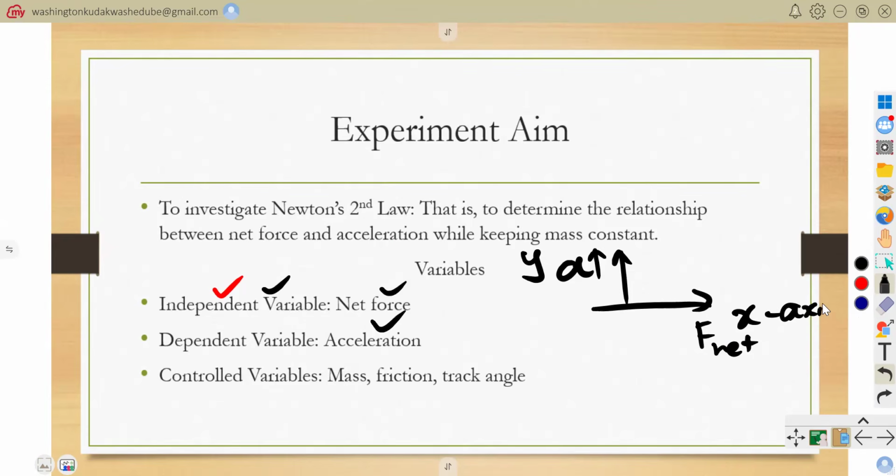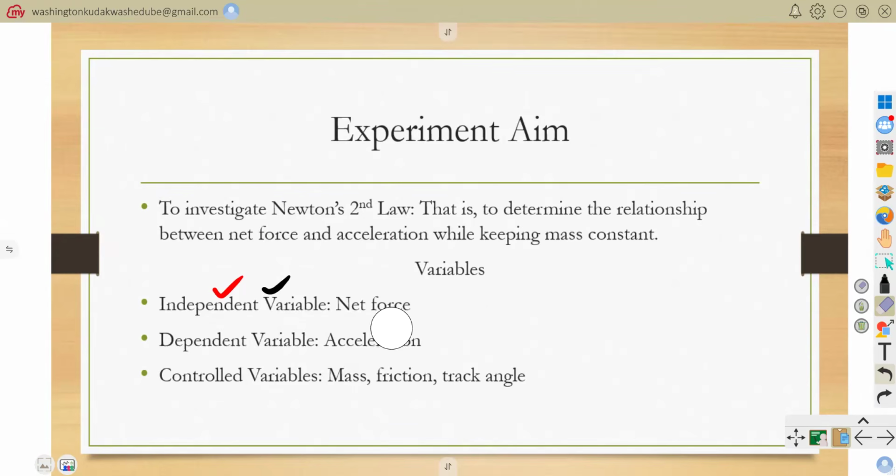So when we are drawing our graphs, our acceleration would be on the y-axis, whilst our net force would be on the x-axis, because the net force is the independent variable, whilst the acceleration becomes the dependent variable.